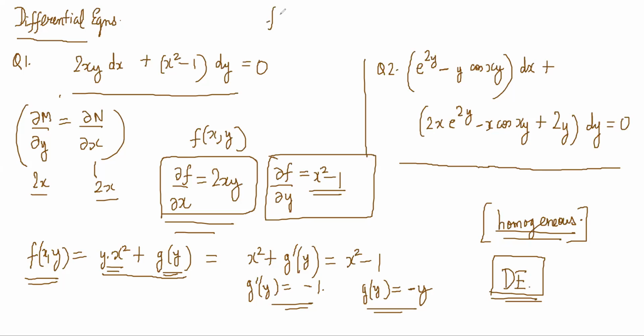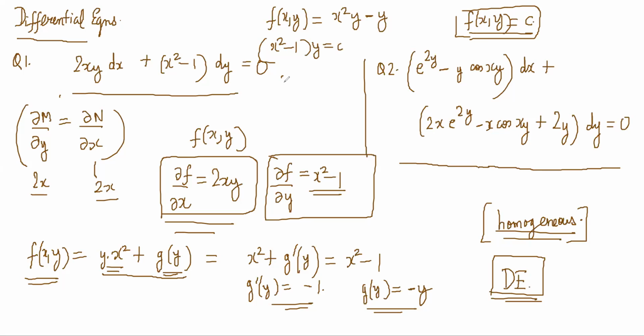So f of xy is equal to x square y minus y, and the solution will be written as f of xy equal to a constant. So x square minus 1 times y is equal to c, so y is equal to c by x square minus 1. This is my solution for this, right?